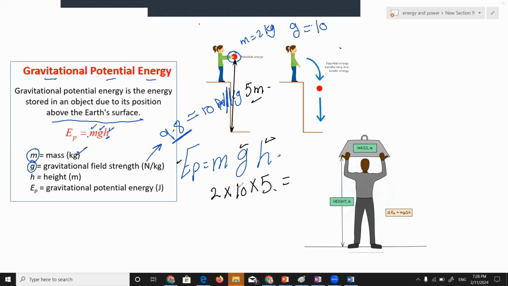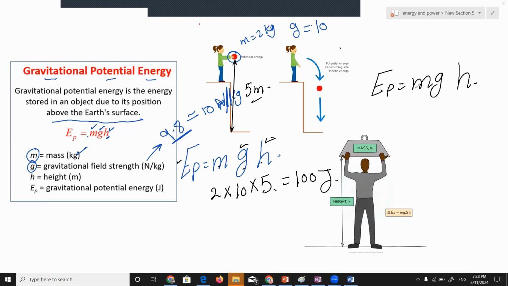So 2 times 5 is 10, and 10 times 10 is 100. What is the unit? It is joule. So the gravitational potential energy E equals mgh.